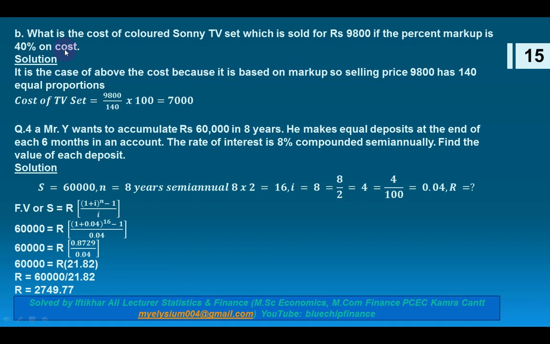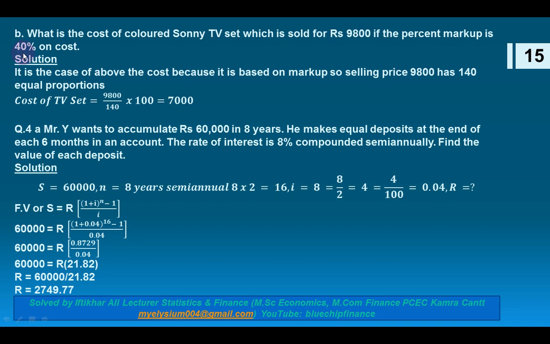So if cost is 100%, what is the markup? Markup, or we can say profit. Profit is 40%. Profit is always above the cost. So if cost is 100% and this price includes the profit, it means 100% is associated with the cost and 40% is associated with the profit or markup.